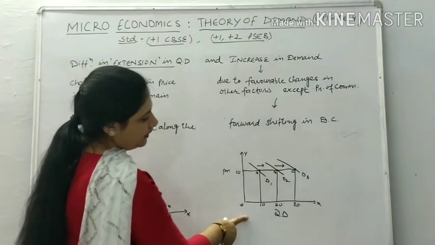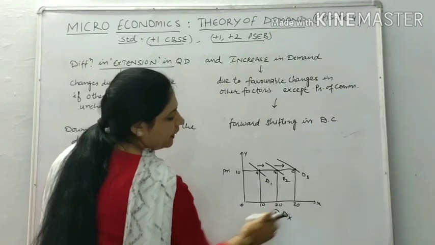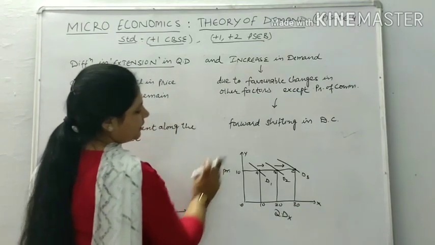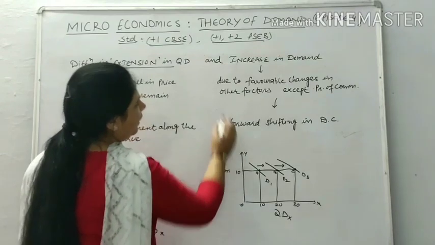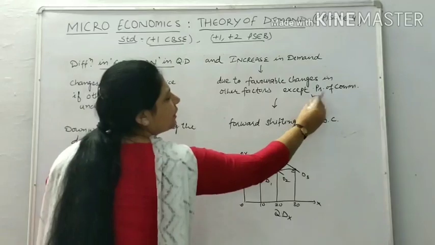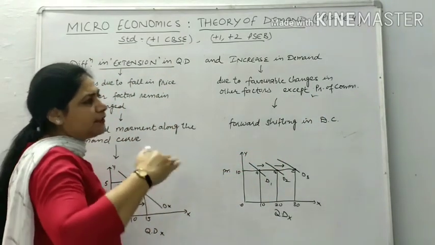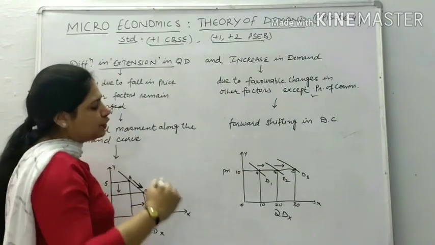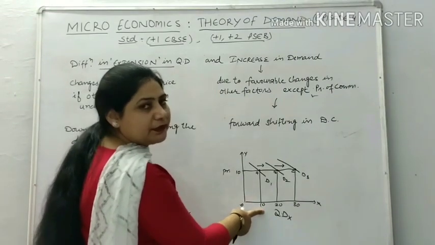Students, I am again taking OX, quantity demanded, on the x-axis and price on the y-axis. As you know, according to the given situation, there is no change in price. The price is the same, but due to other favorable factors, the consumer at the same price is getting more quantities.